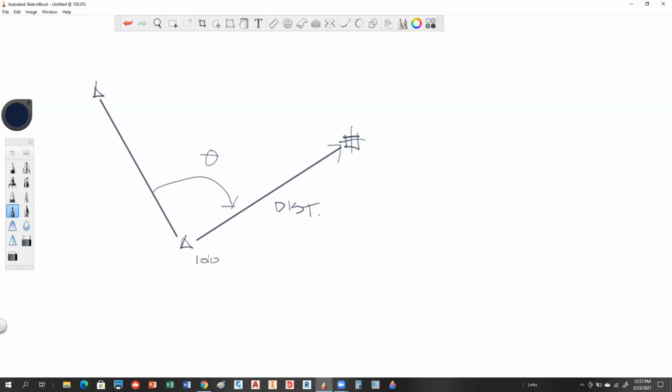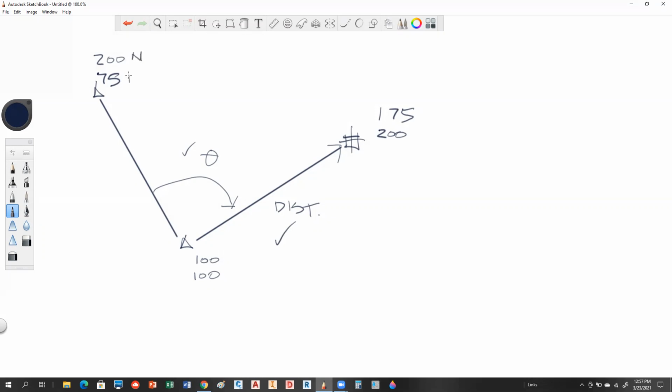But in a problem like this, I'll probably just give you coordinates. Let's say 100 north, 100 east, 200 north, let's say 75 east, and we'll call this 175 north, and maybe 200 east, okay? So how would we do this? How do we get this and this from what I've just given you?